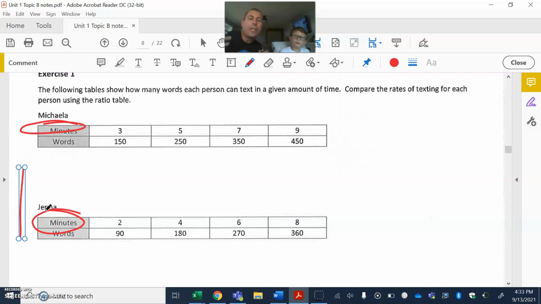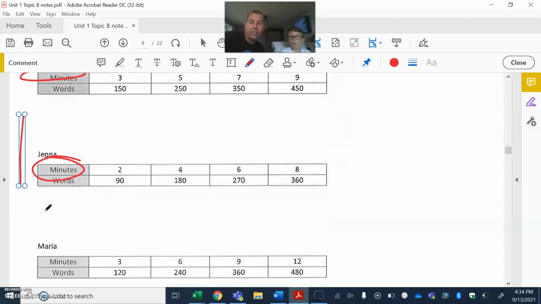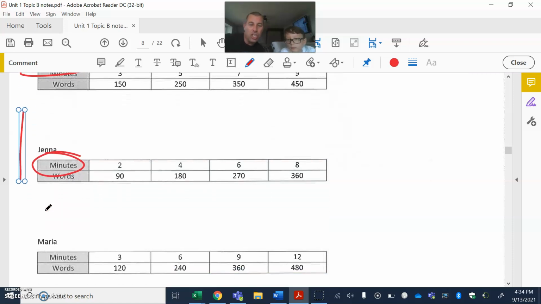So like you said, we can't make any comparisons right now because none of the numbers end up matching up. All right, so let's go down a little bit further, and let's look at Maria and Jenna here. Matthew, when you look at Jenna's minutes going across the top and you look at Maria's minutes going across, do you find anything that's the same?